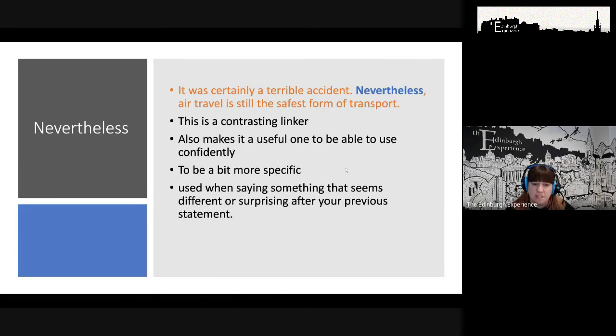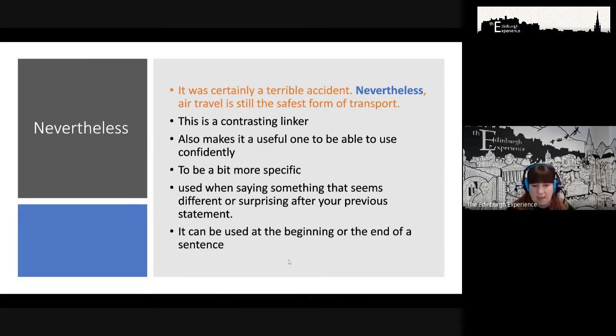You can be a bit more specific with nevertheless. It's used when saying something that seems different or surprising after your previous statement. It's the same function as however, but it's got a slightly different tone to however, because it's got this idea of something of a surprise or really highlighting a difference.